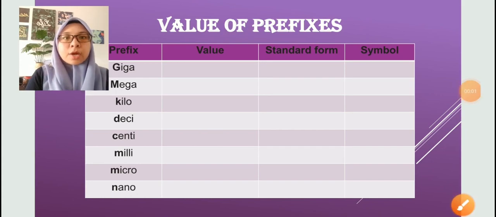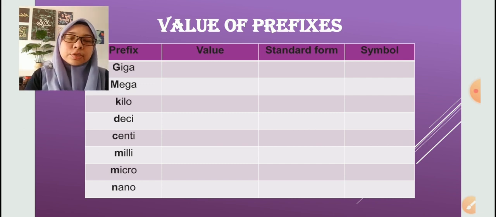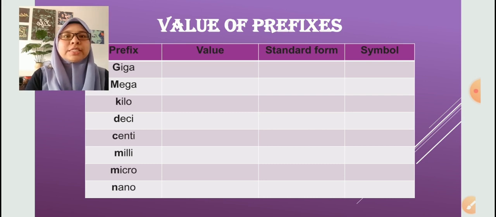Now I want to share how to memorize the names, symbols, and values of the prefixes. For the names, you can memorize giga, mega, kilo, deci, centi, milli, micro, nano, or create your own sentence. For example, my method: Giant masak kimchi dan cheese masuk microwave Nobita.